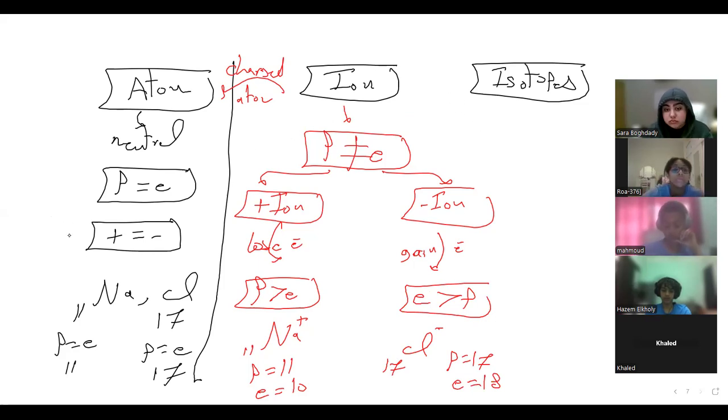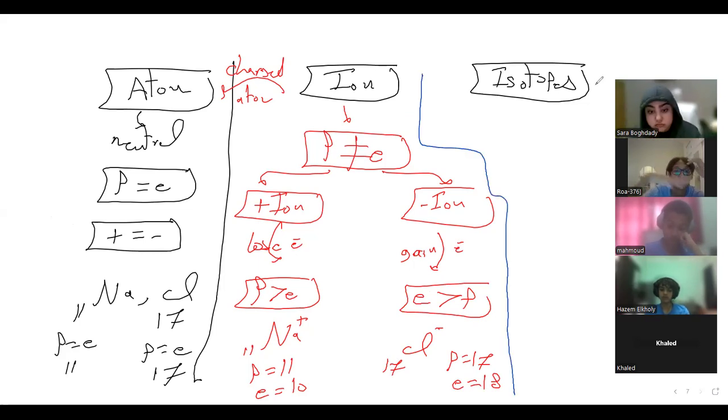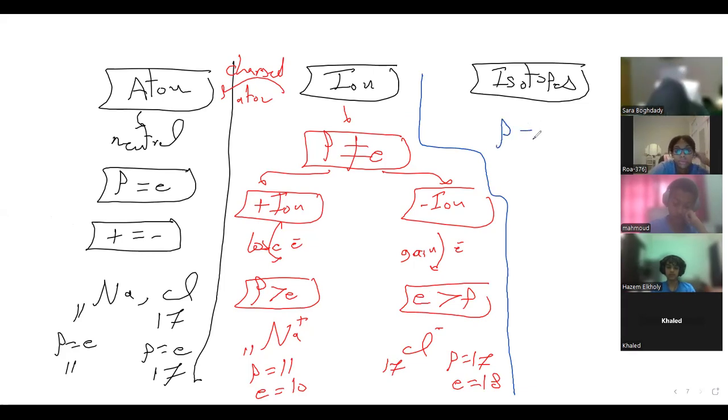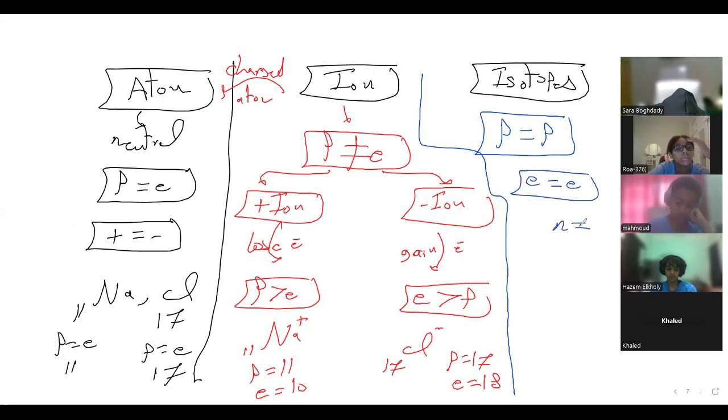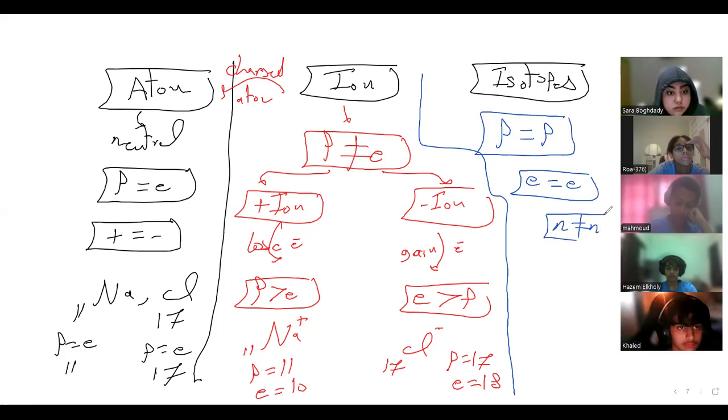In isotopes, they are atoms of the same element, the same number of protons, different number of neutrons. So protons equal protons, electrons equal electrons, but neutrons not equal to neutrons. Like H-1, H-2, H-3.